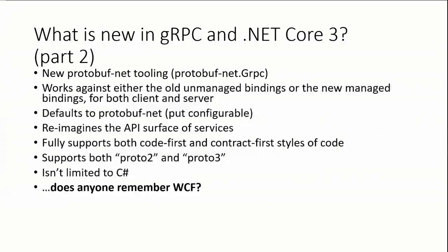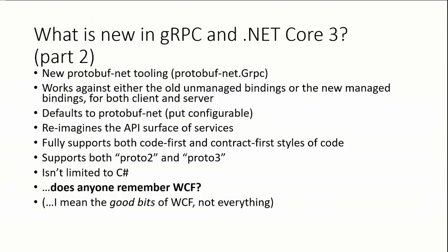Anyone here remember WCF, or still using WCF? So if you think of WCF, you'd declare your data contracts, and you might mark your data members, and then you'd create some service contracts as interfaces, and you'd mark the service contract and the operation contracts on the methods, and everything's grand. There's a lot of complexity in WCF.